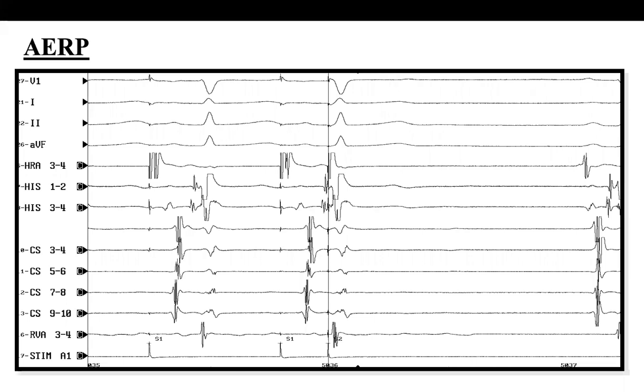We cannot assess the AV node property here unless we are able to stimulate the atrium. So if I ask you what is the effective refractory period of the AV node, would we be able to know it exactly? The answer is no, simply because we could not stimulate the atrium. If you cannot stimulate the atrium, you cannot assess what is beyond that.